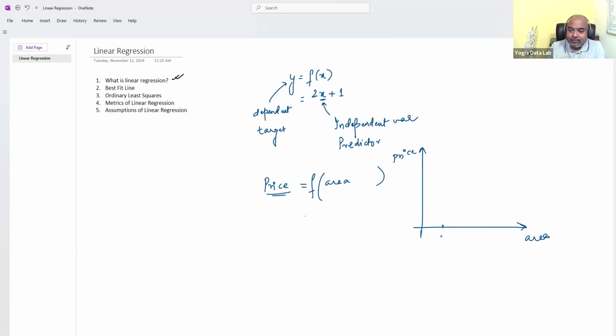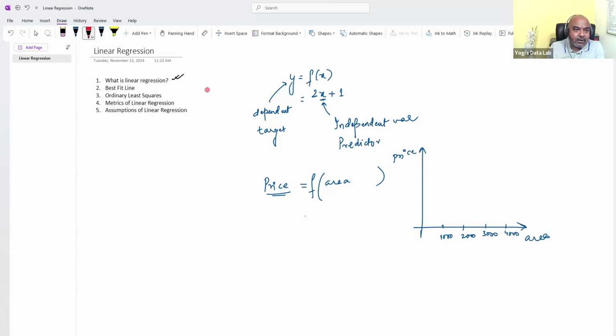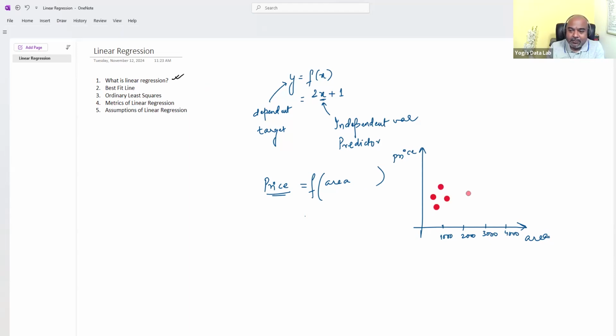I can have any home of 1000 square feet. I can have 2000. I can have 3000. I can have 4000. I can have different area of the home. And based on this, you can also observe that there can be multiple data points.